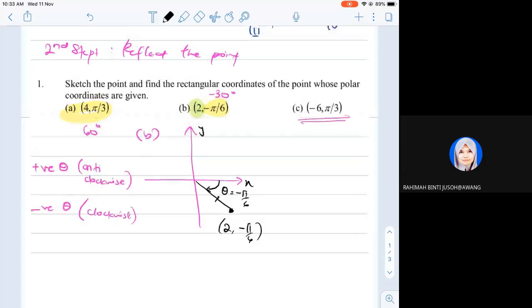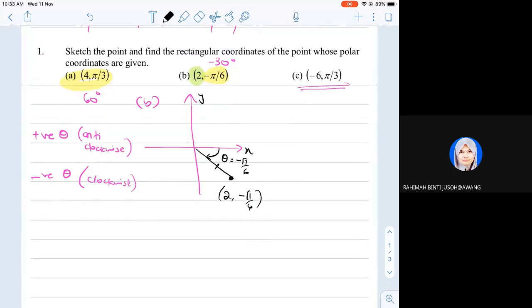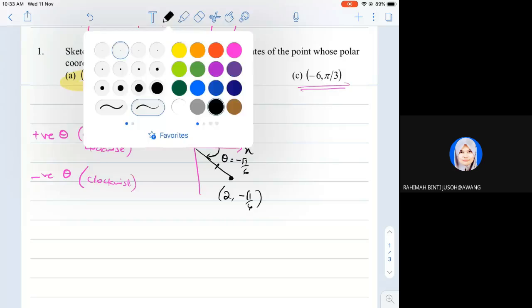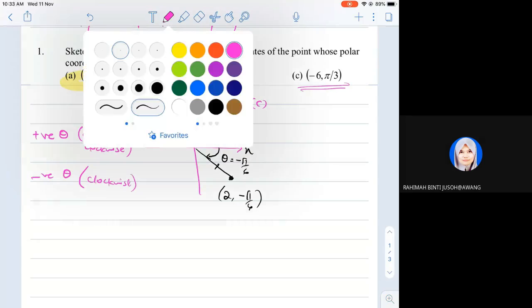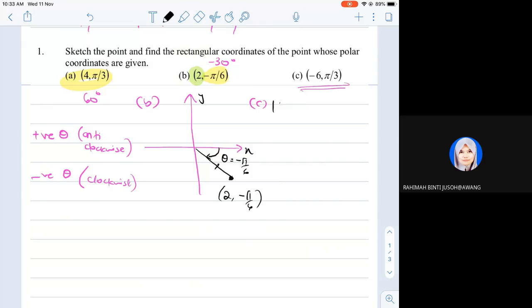Okay, now question C. First step, we need to plot 6, pi over 3.